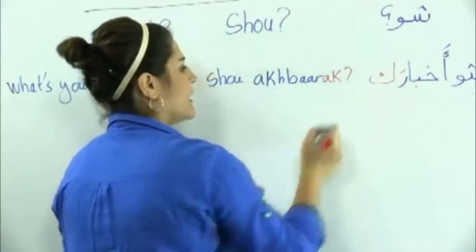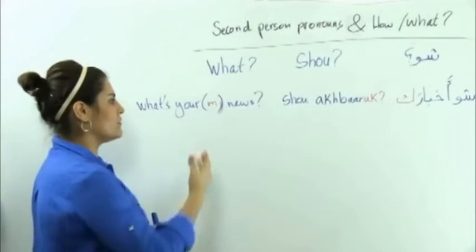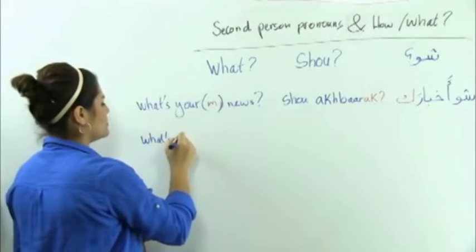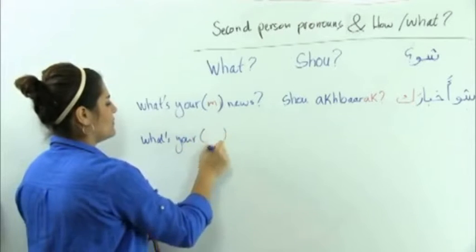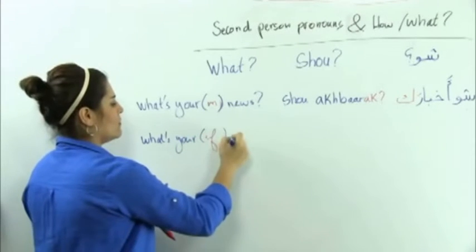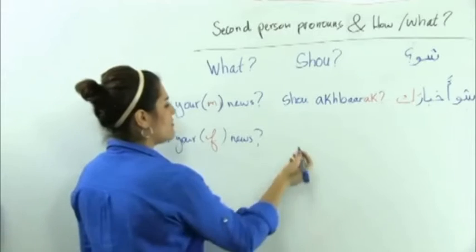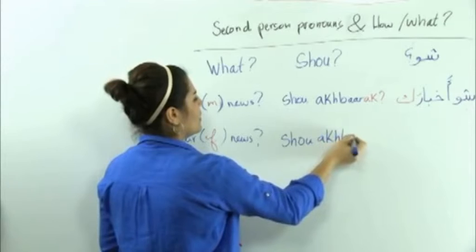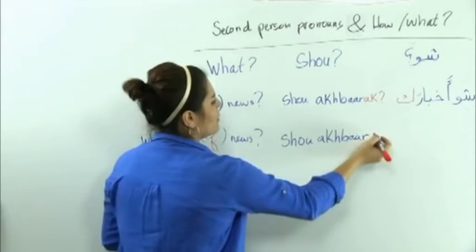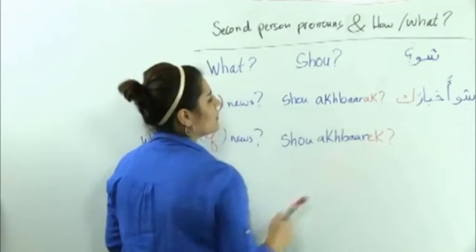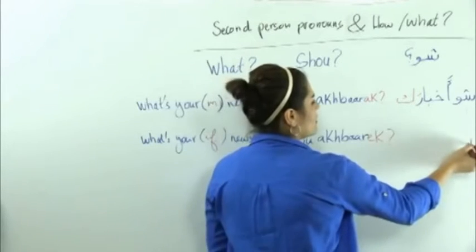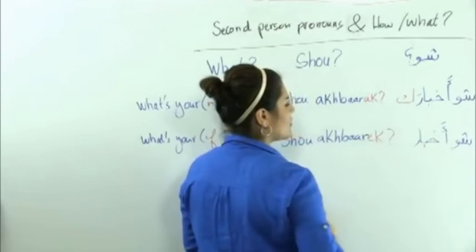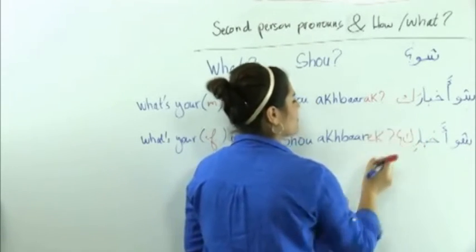Okay, so if we're talking to a lady, to a woman, and I'm saying the same question, what's your news? Feminine. The same thing, I'm going to be saying شو أخبارك. And the same thing in Arabic, I will be writing and saying شو أخبار, and then the suffix ik.